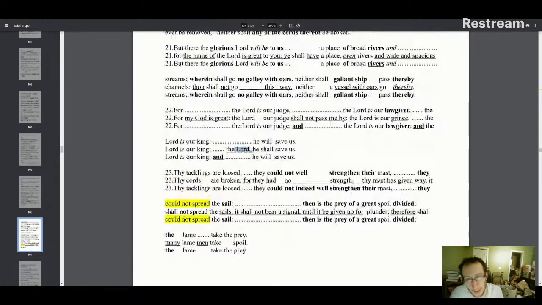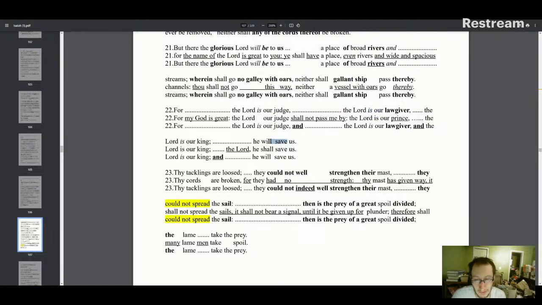And for reconstruction purposes, it's very plausible that, so we see right here, Lord, Lord, Lord, and in Septuagint, Lord again. So 4 Lords in a row. The Hebrew has 3 Lords in a row. When I reconstruct this, I may reconstruct this by removing some of these other Lord references. So the Lord is our judge. He is our lawgiver. He is our king.